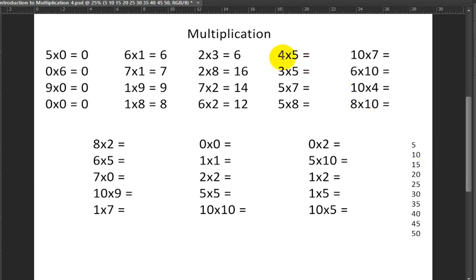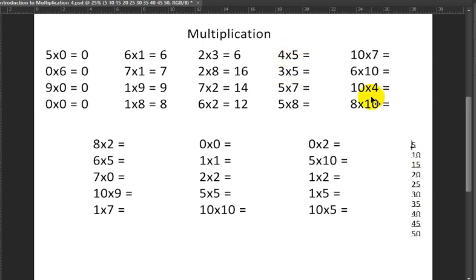All right, so here we have 4 times 5. So what I'm going to do is count by 5, putting one finger up for each number I say. So even though you can't see me, when I say 5, 10, 15, 20, 25, 30, for each number that I'm saying, I'm putting one finger up, right? So we want 4 times 5.